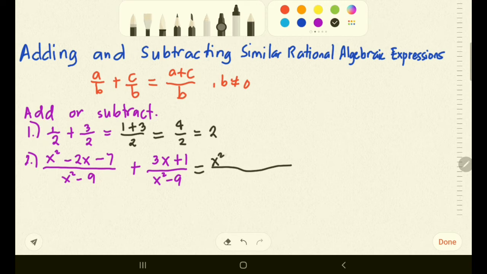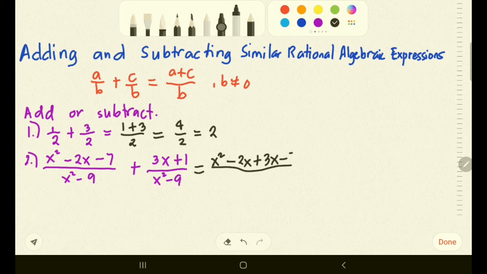x squared. Since there is no similar term with x squared, proceed to the next. Minus 2x, then add the other rational algebraic expression's similar term for negative 2x, which is 3x.